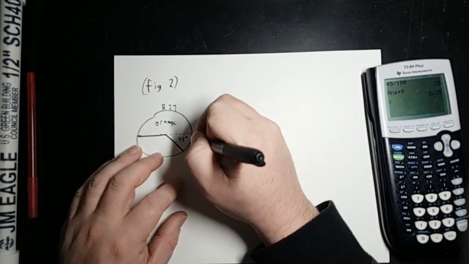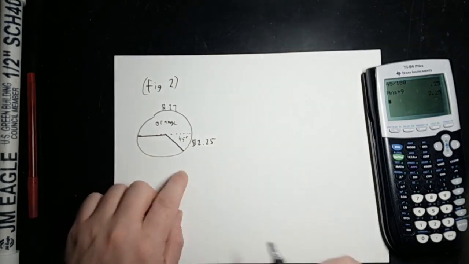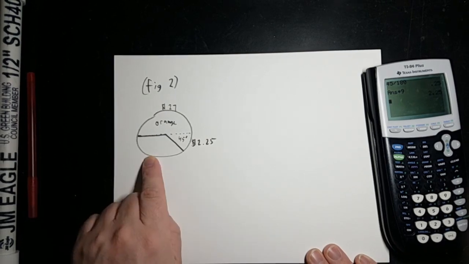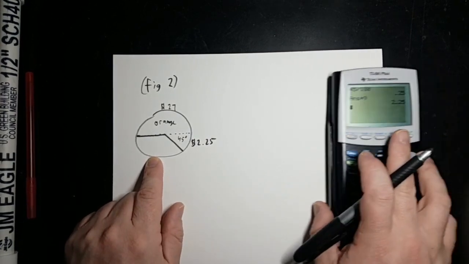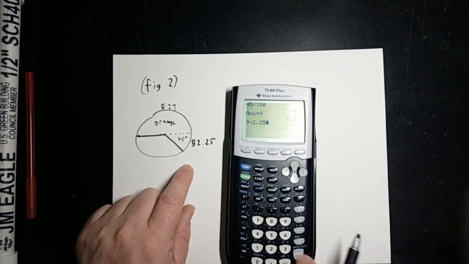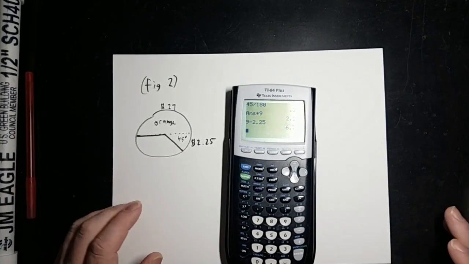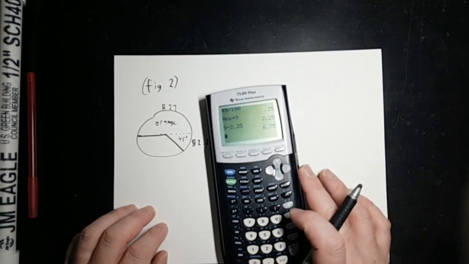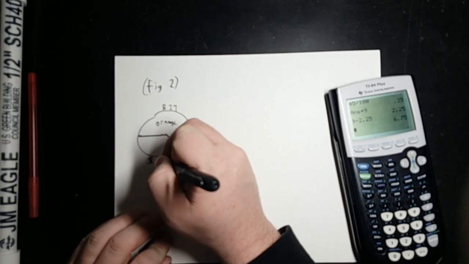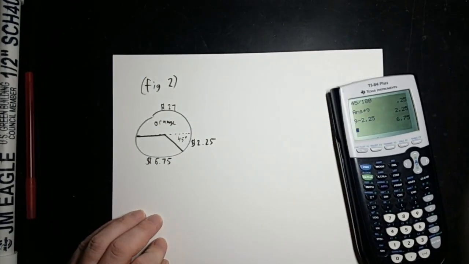Since that is the case, he values that itty-bitty 45-degree slice at $2.25. Well, then what's the rest of this? If Jeff values all of pineapple at $9, and you could probably do this in your head, he values the rest of this pineapple slice at $6.75.